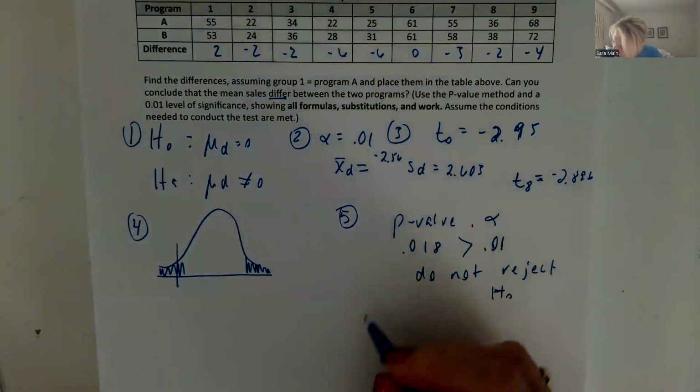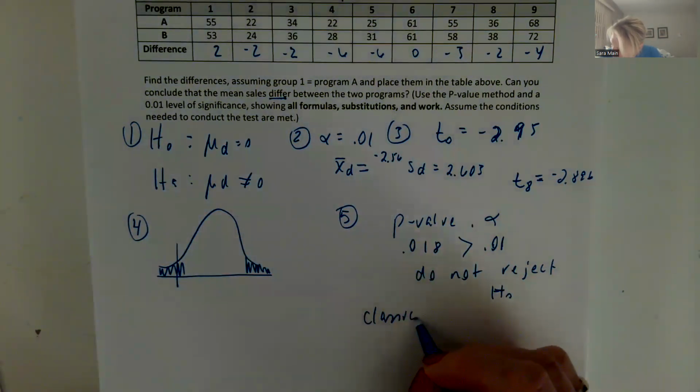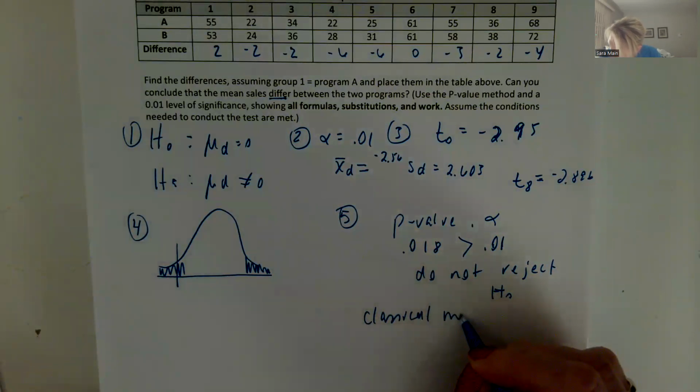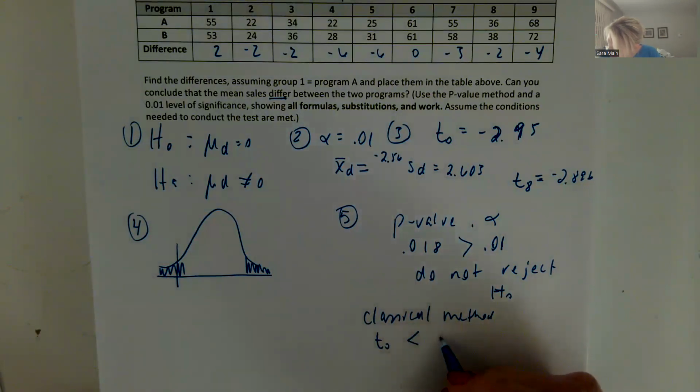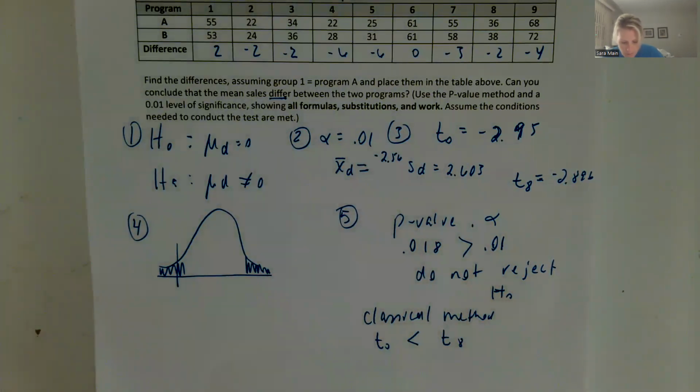So using the classical method, it looks like it would reject because my T0 is less than my T of degrees of freedom of 8 and 0.01. So it's barely, barely.